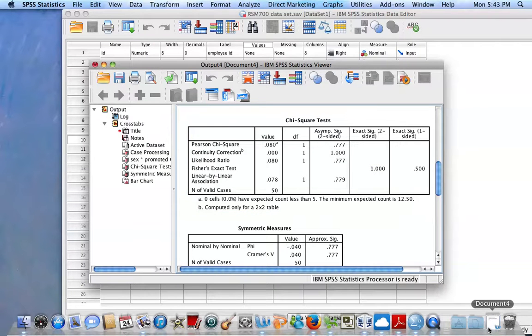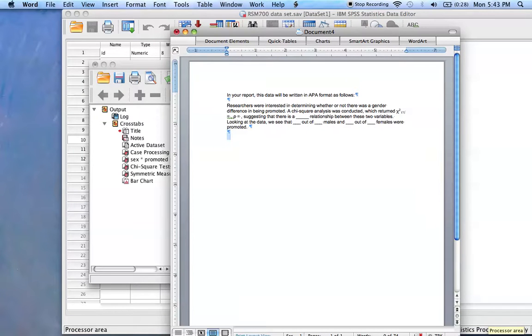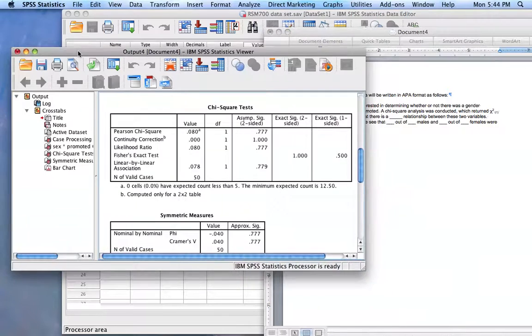And when we write this up, we would write it as: researchers were interested in determining whether or not there was a gender difference in being promoted. A chi-square analysis was conducted, which returned chi-square. The degrees of freedom was 1.